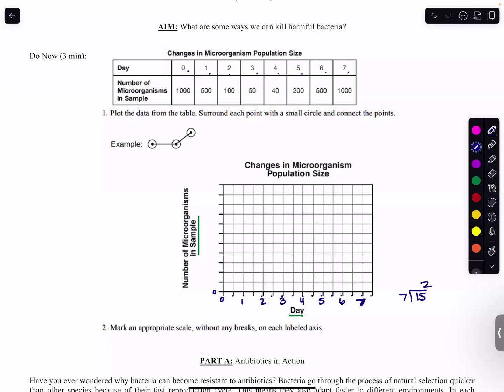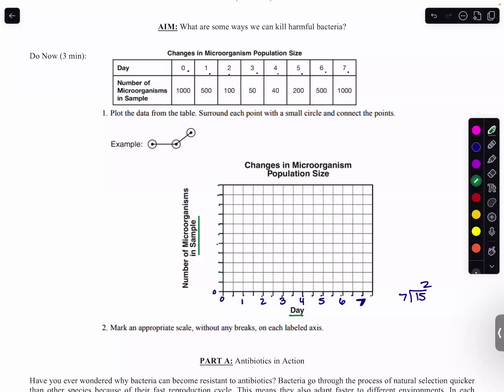So no matter what, I know that all of my data on my x-axis for my days are going to fit on the x-axis. And I want to do the same thing for the y-axis, but we're not working with such nicer numbers. So not including 0, I have 1, 2, 3, 4, 5, 6, 7, 8, 9, 10, 11. 11 hash marks going up.